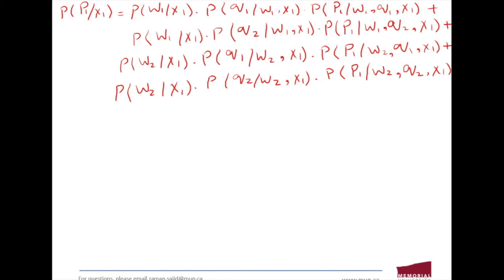So far we have just taken the conditional relationships in our law of total probability. In the next step, I will apply the Markovian condition. Of course, the left hand side remains the same so far: P1 given X1.